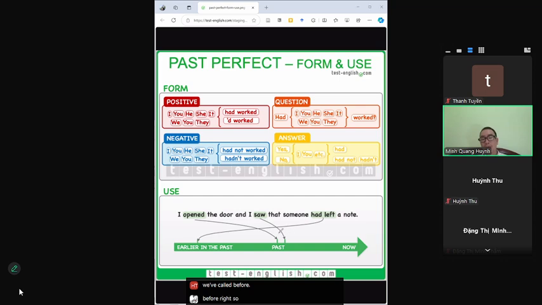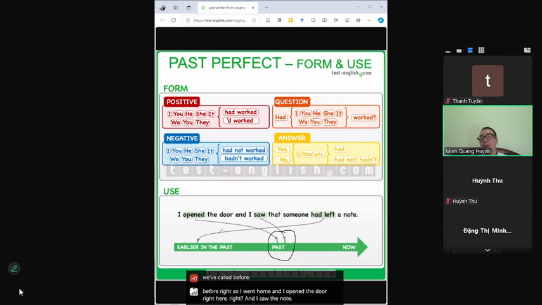So I went home and I opened the door right here, and I saw the note. So somebody had put the note in there before.